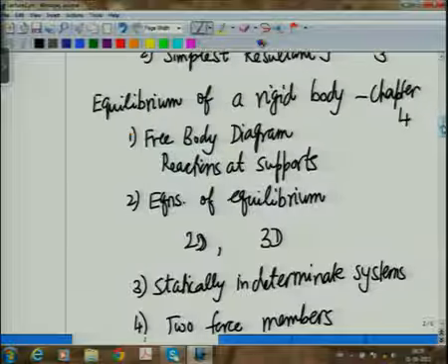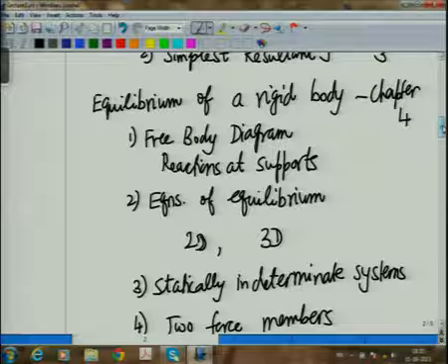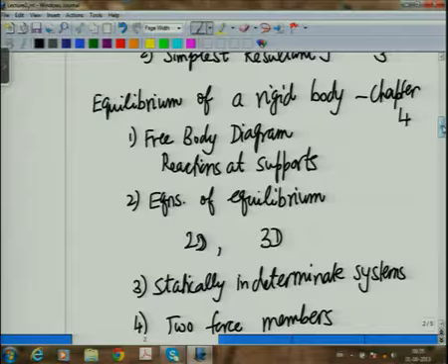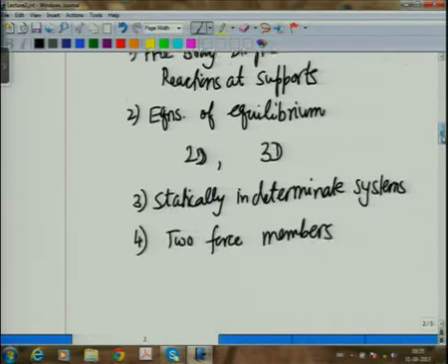Now here, equilibrium of a rigid body, actually when I say, will include equilibrium of connected rigid bodies also. That's what it is.